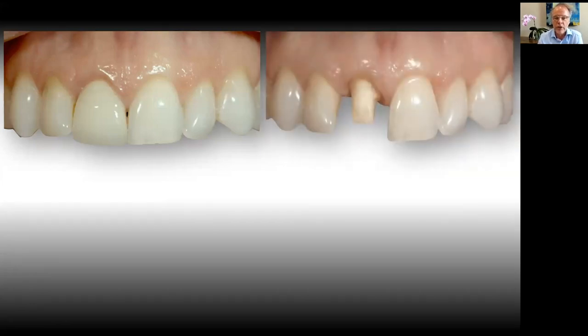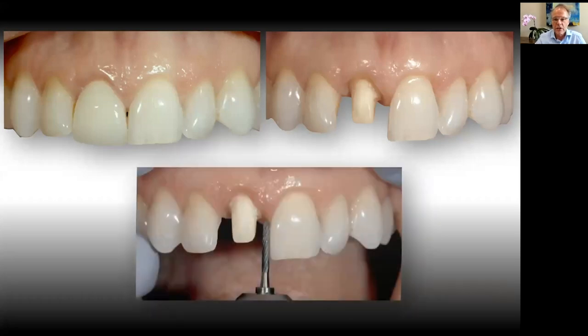In this situation, a single central looks wider than the adjacent central. What's interesting is that when I remove the crown and look at the adjacent central, you can see the contact would darn near be at the incisal edge. If I made an adjacent crown to mimic that form, there would be a long black triangle.